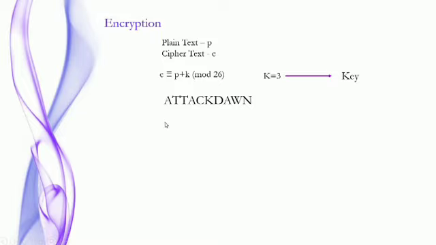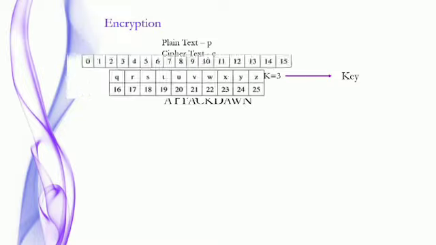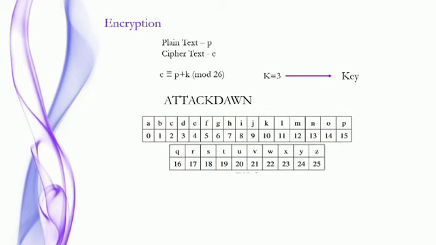Now the message is attack dawn. I'm going to change this to ciphertext. To do this, we need to change all the alphabets to numbers, starting from A to 0, B to 1, C to 2, and similarly Z to 25.